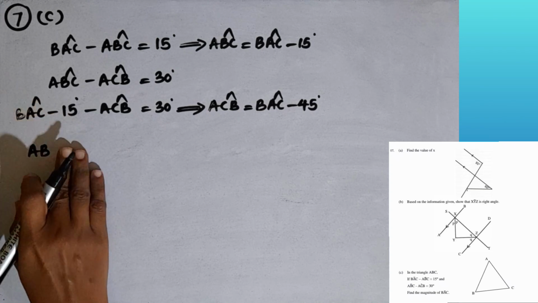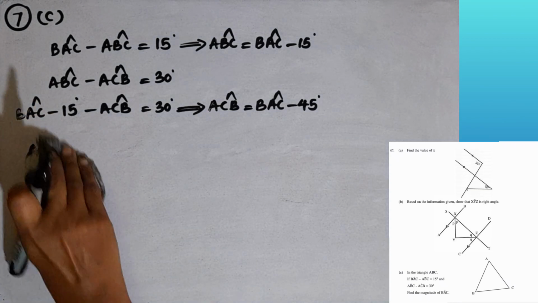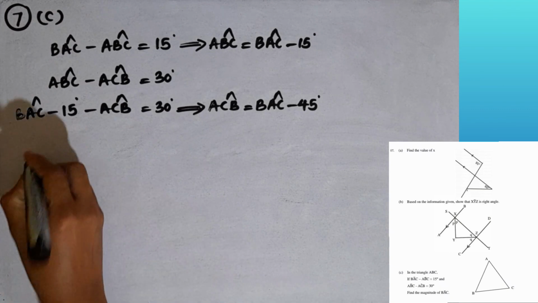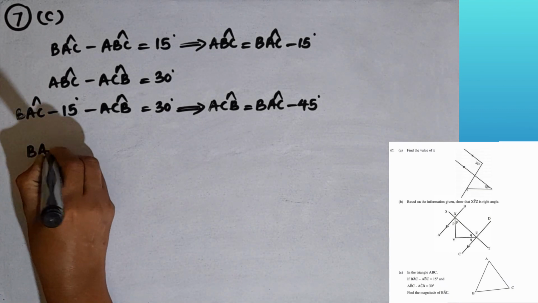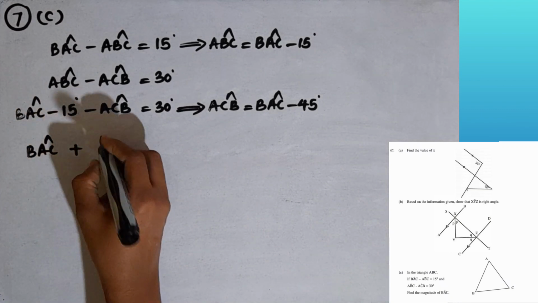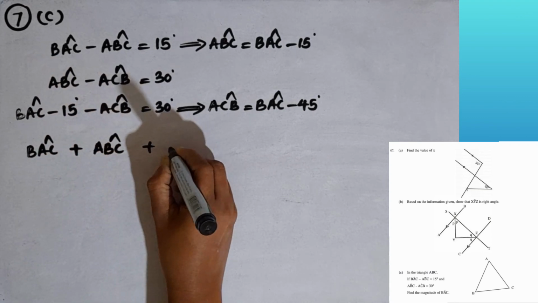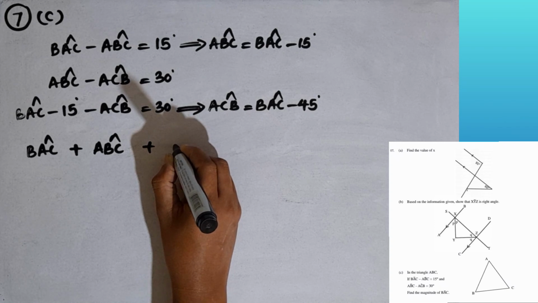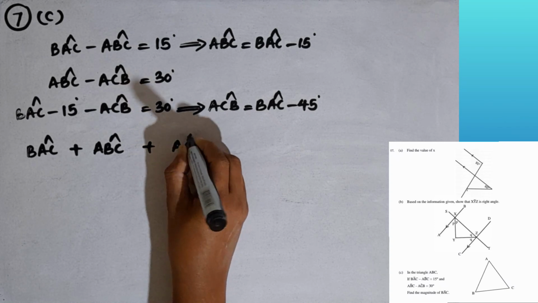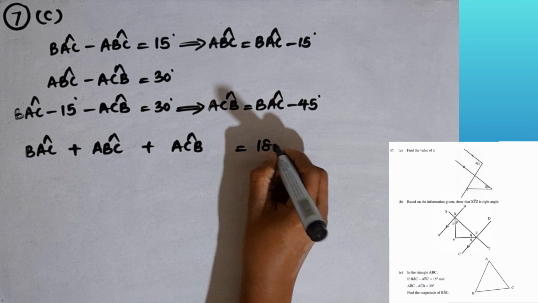Now I can take another equation. BAC angle plus ABC angle plus ACB equal to 180 degrees.